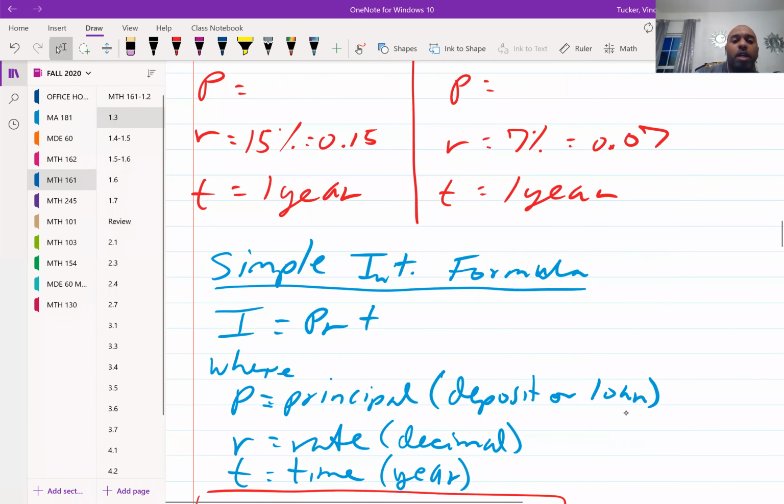It's right here: I equals P times R times T, I representing your simple interest, wherein P is your principal, that's your deposit or loan. R is your rate, which you need to convert to a decimal before you do your calculation. And T is your time, which is in years. And so that's why we are looking for PRT as far as our accounts are concerned.